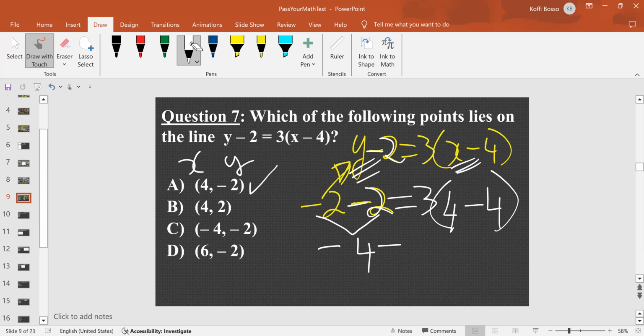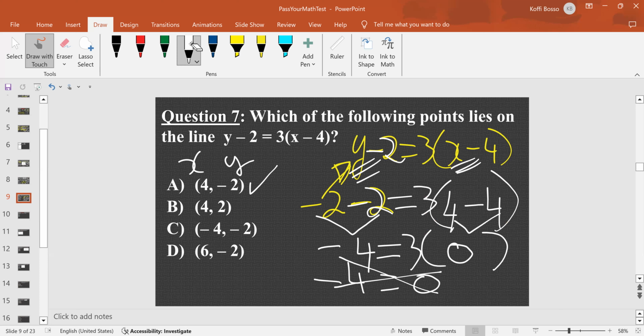And we want to see if this is the same as 3 parentheses. Based on order of operations, I will do 4 minus 4 first. So 4 minus 4 is 0. Can we say that negative 4 is the same as 3 multiplied by 0? 3 multiplied by 0 is 0. So negative 4 is not 0. Therefore, it is not the correct choice.